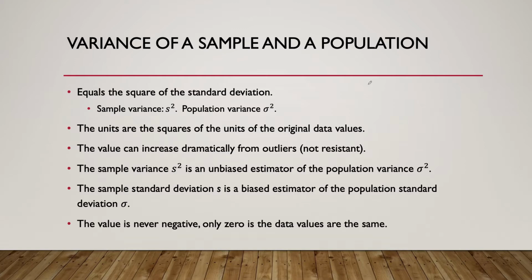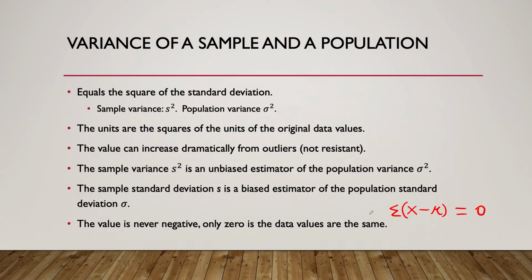And I should probably note, while talking about this, that the value is never negative, only 0 if the data values are the same. That is also because when we take the deviations around the mean and add them all, since we have both positive and negative values, this value becomes 0.